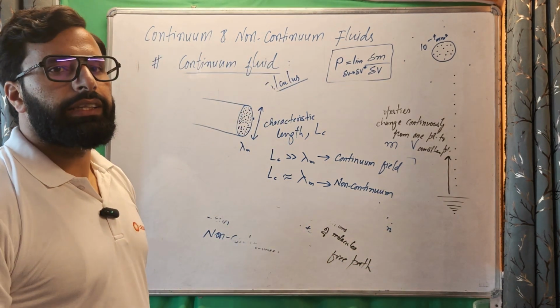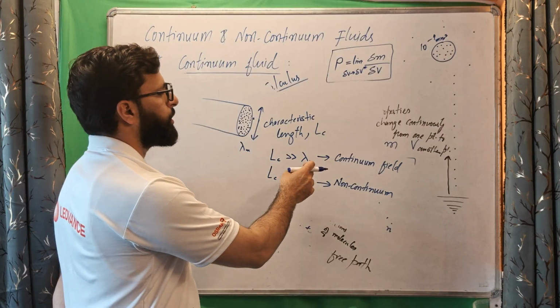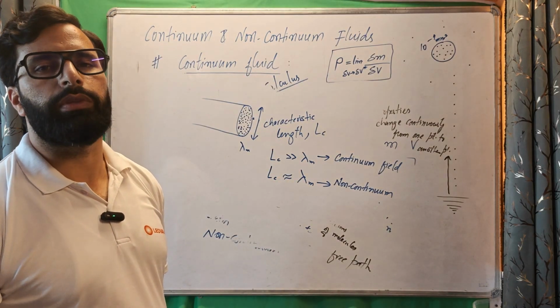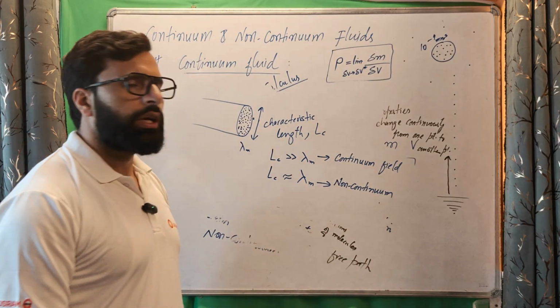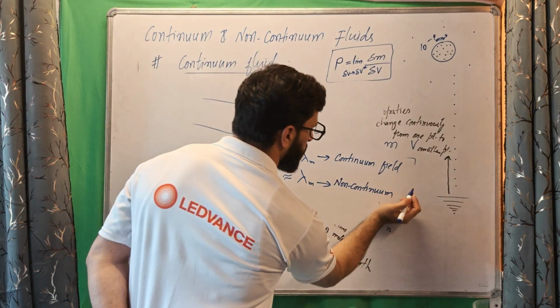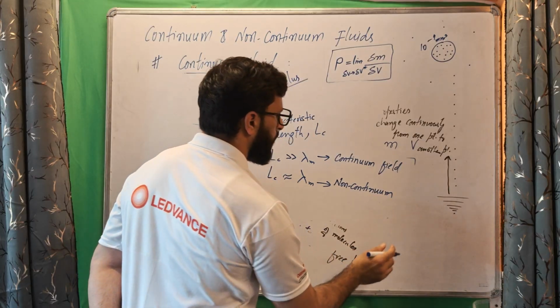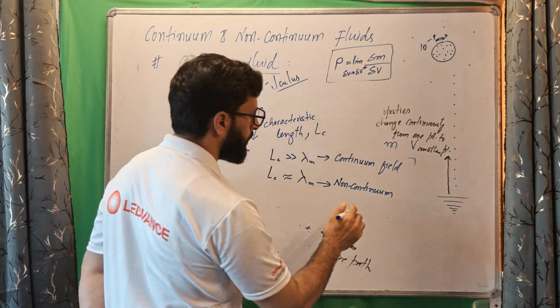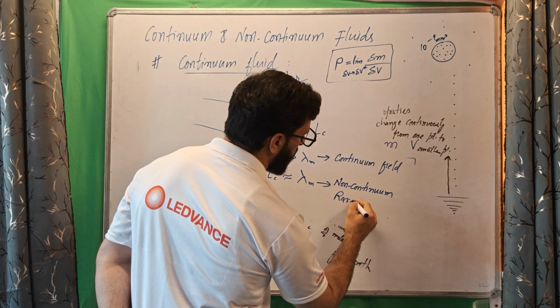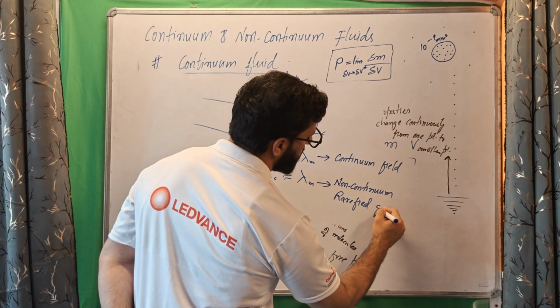The theory that we have developed for continuum fluid is called continuum theory or continuum model, and for non-continuum fluid we have different theories depending upon how small the characteristic length is compared to the mean free path. We have rarefied gas theory.